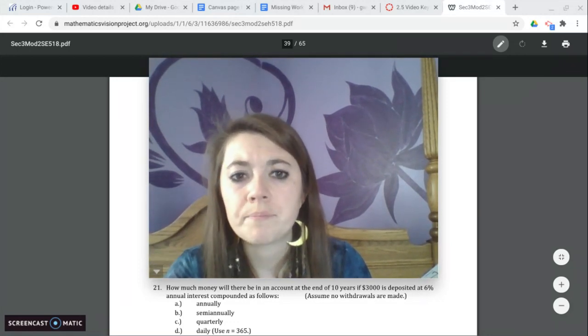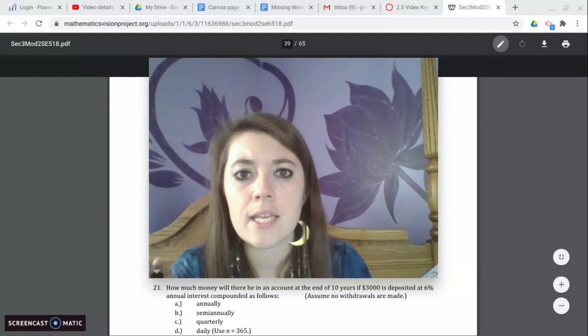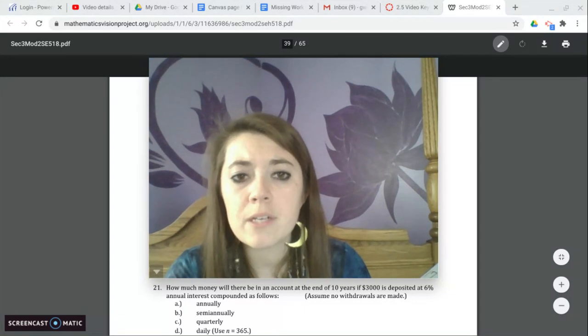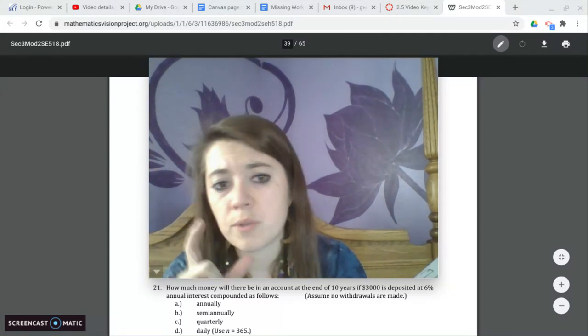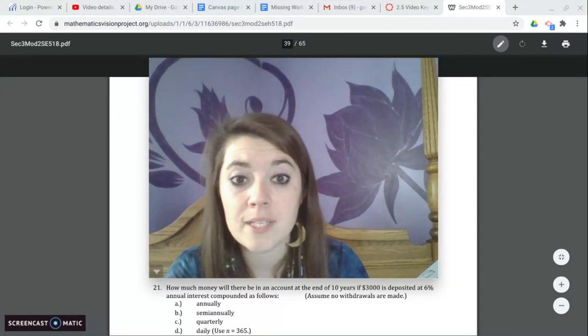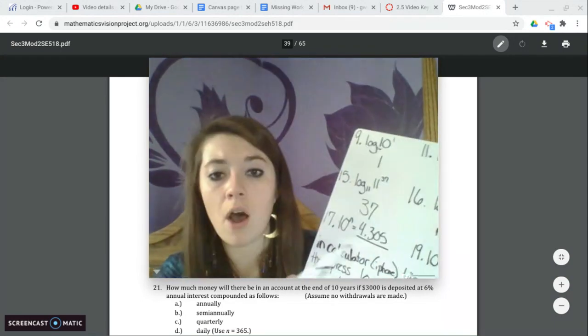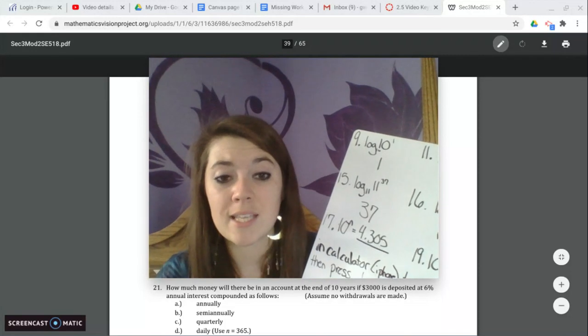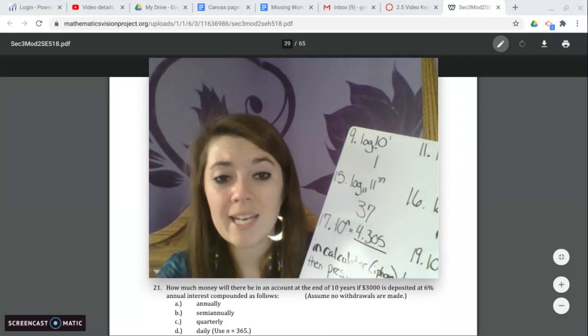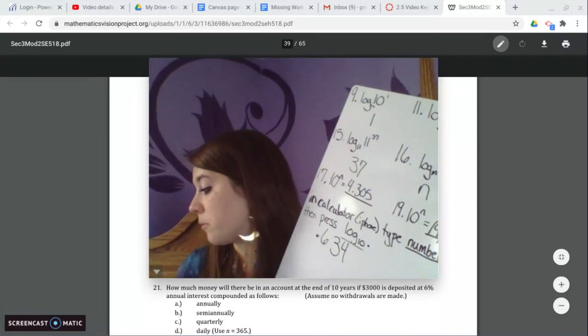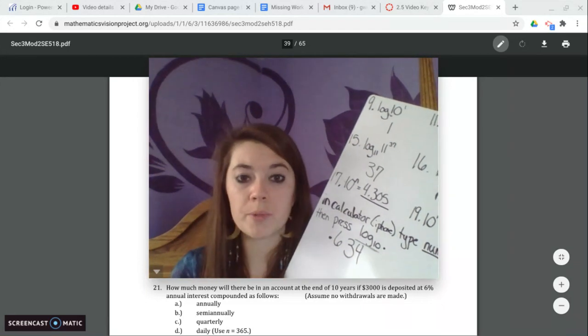You might have to test it out to see whether you need to type it in before or afterwards, because with some phones you hit that first, then you type in what goes inside the parentheses. Other times it's the reverse. So test it out on the ones that I'm doing now to see if you get the same answer, to double check which way it needs to be, because I don't know for all phones how you would do it on an actual calculator.